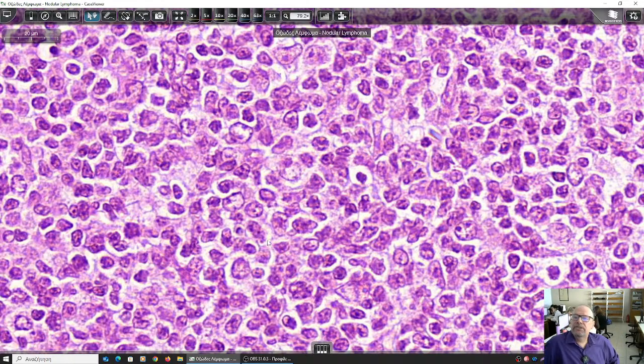Some bigger ones, perhaps like this, bigger cells in hematopathology are called blasts. So these are centroblasts. Don't be in a hurry, because we have to explain them thoroughly so that you understand them. No hurry. Oh, okay. I left the ones I didn't know for the last, and I kept the ones I knew. All right?